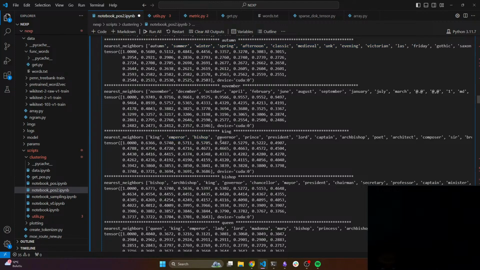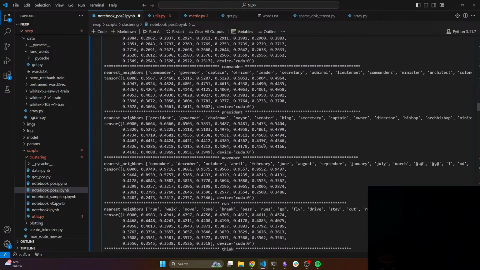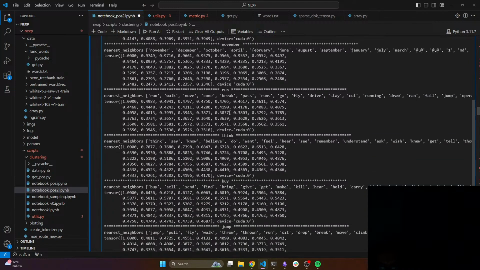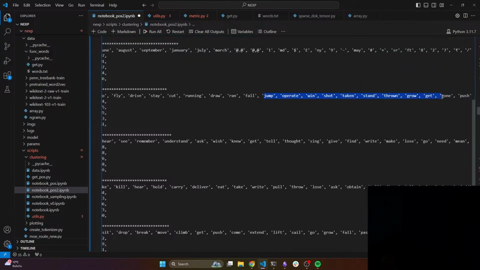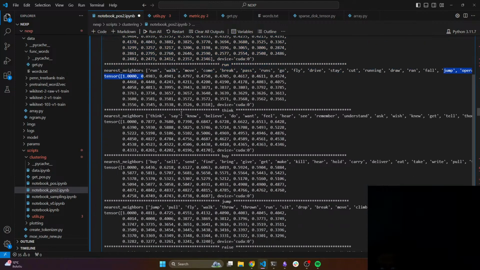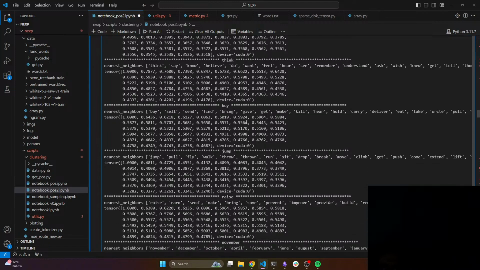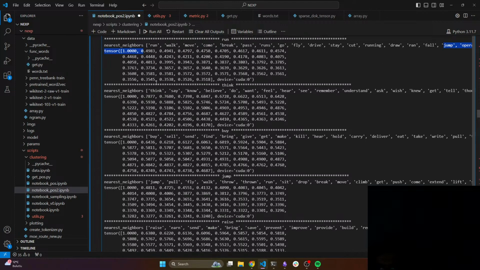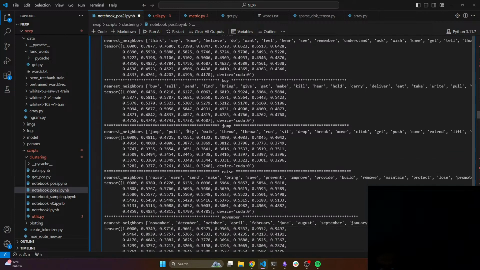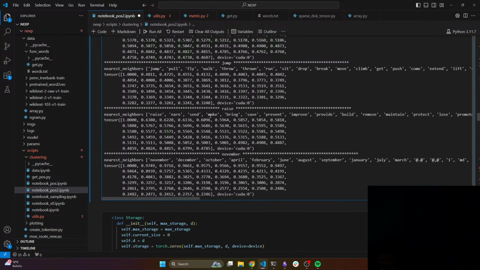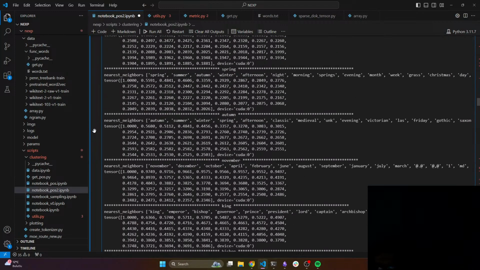King, emperor, bishop, governor, prince, president, lord, captain, commander. President, run, walk, move, come, fly, go, ran, fall, jump, take. Think, say, no. And I think is a little bit not so similar to the rest. Jump, pull, fly, raise, earn, send. November. Everything ends with a November.